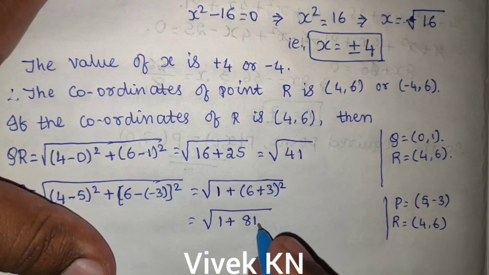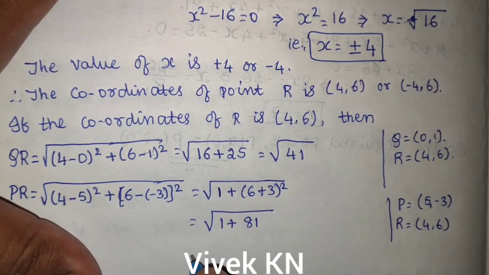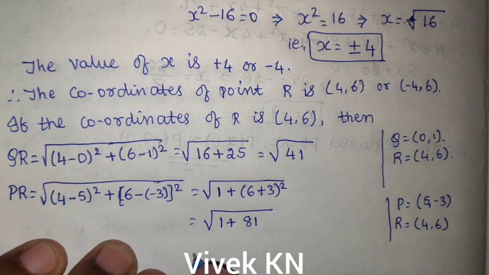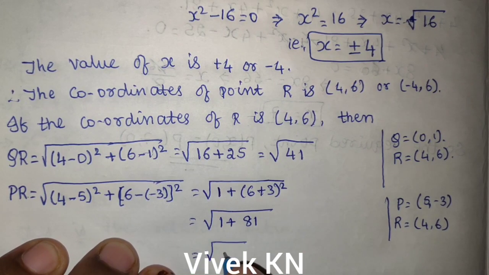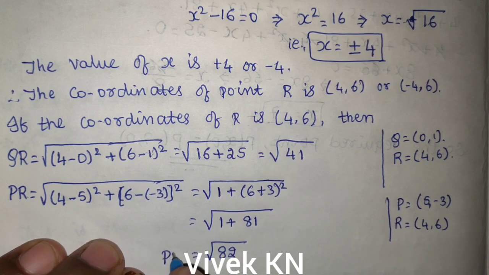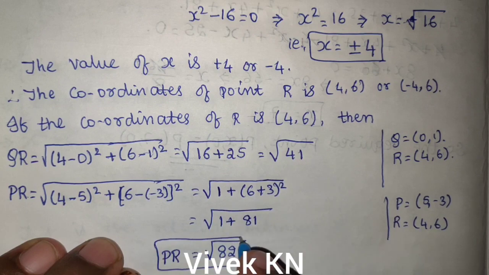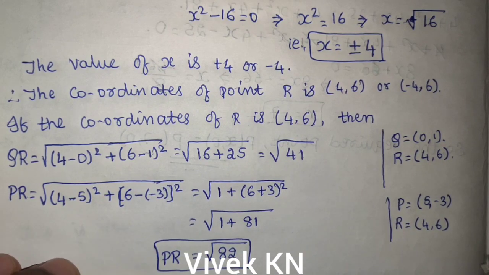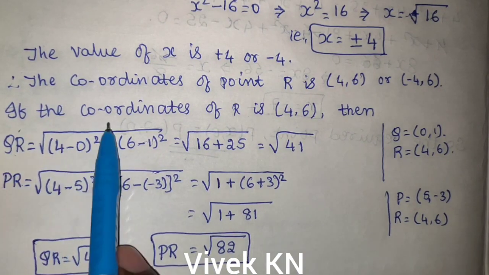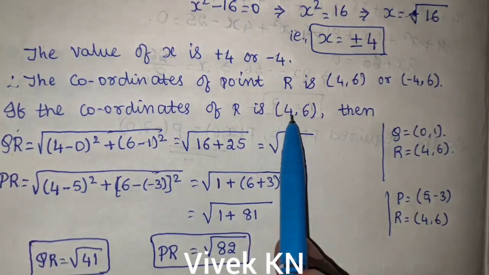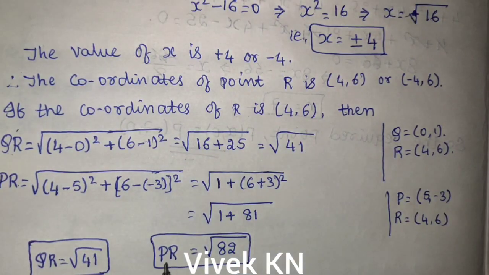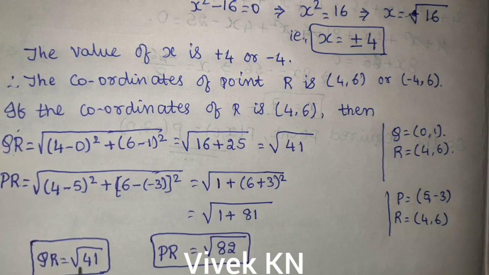So adding 81 and 1 we get 82. That is under root 82. That is the value of PR. If the coordinates of R is 4 comma 6, then the distance between the points PR is root 82 and the distance between QR is root 41.